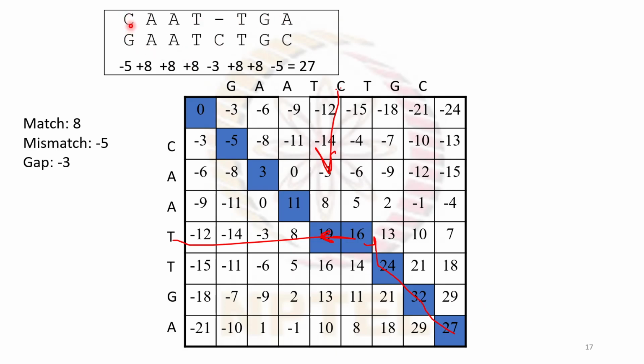From the sequence we see this is the alignment that we have obtained, and in the alignment you see C and G is a mismatch, so you add -5, and A is a match, so you add the match score, and when you introduce a gap, add the gap penalty. Calculating this for the alignment, the value is 27 again, and the value that we see at the end of the matrix is also 27.